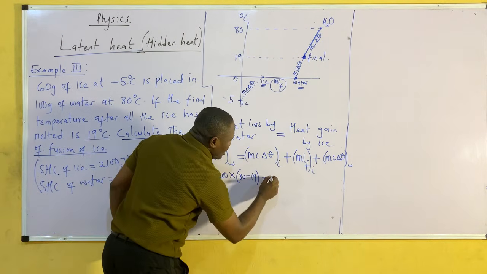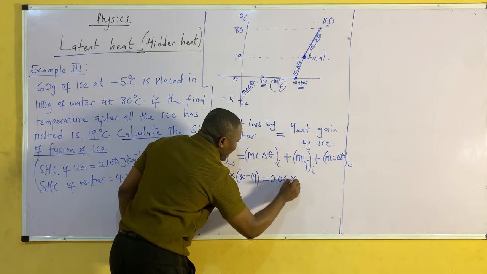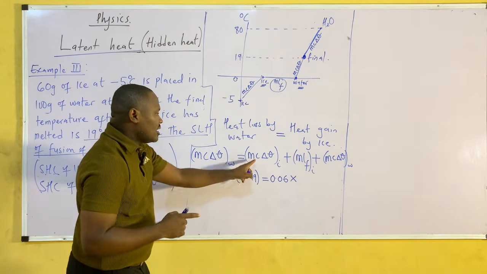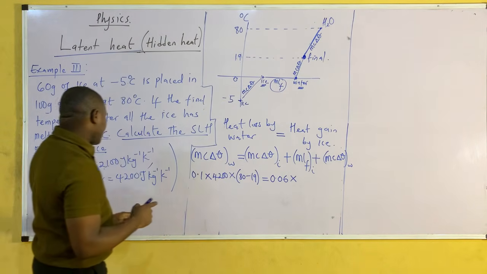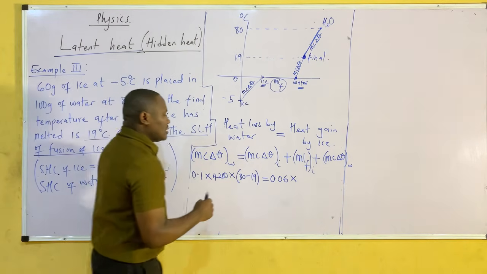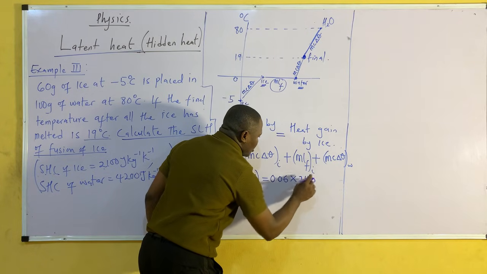So that would be 0.06 kg times the specific heat capacity of ice. The specific heat capacity of ice was given in our question as 2,100.